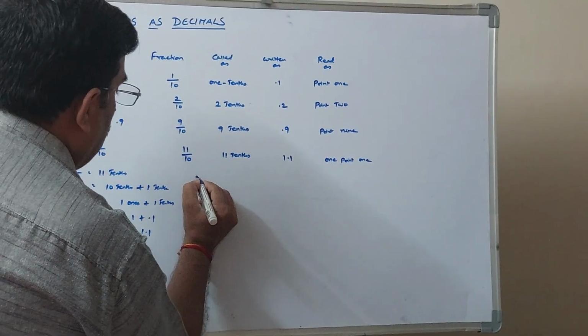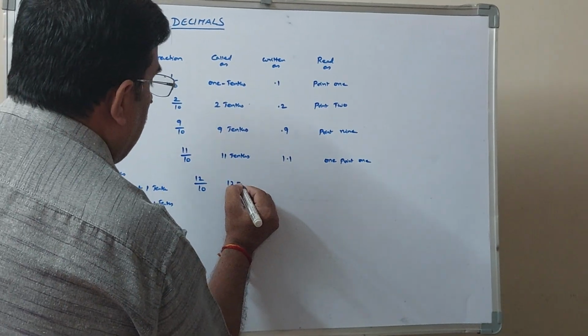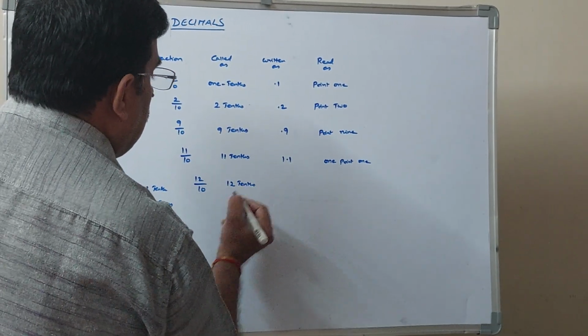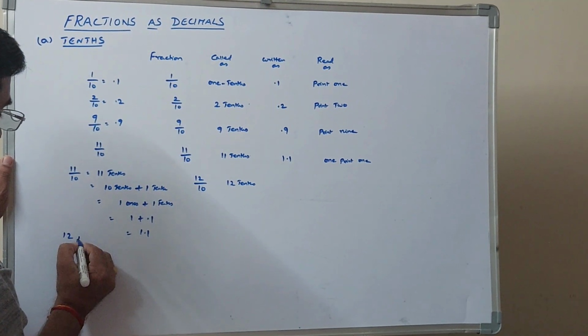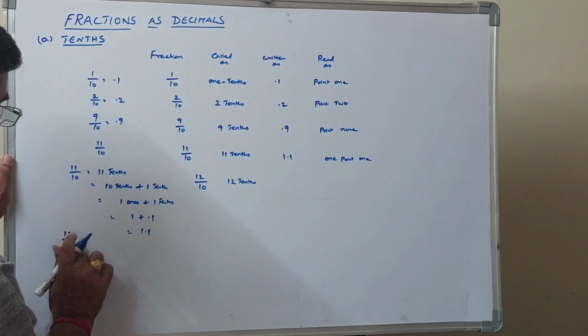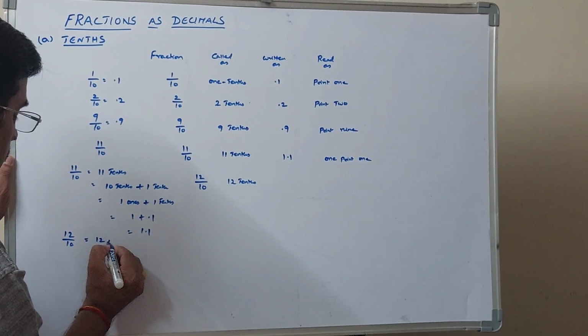If I write 12 by 10, it means 12 tenths. See here, 12 by 10 is equal to 12 tenths.